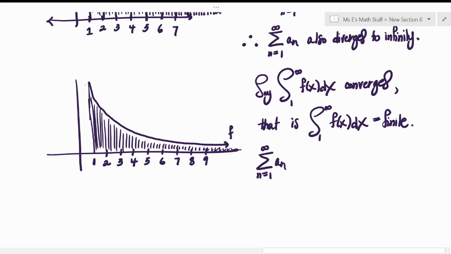This rectangle right here could represent a sub 1, and this rectangle right here could represent a sub 2, a sub 3, a sub 4, a sub 5, a sub 6, and so on.